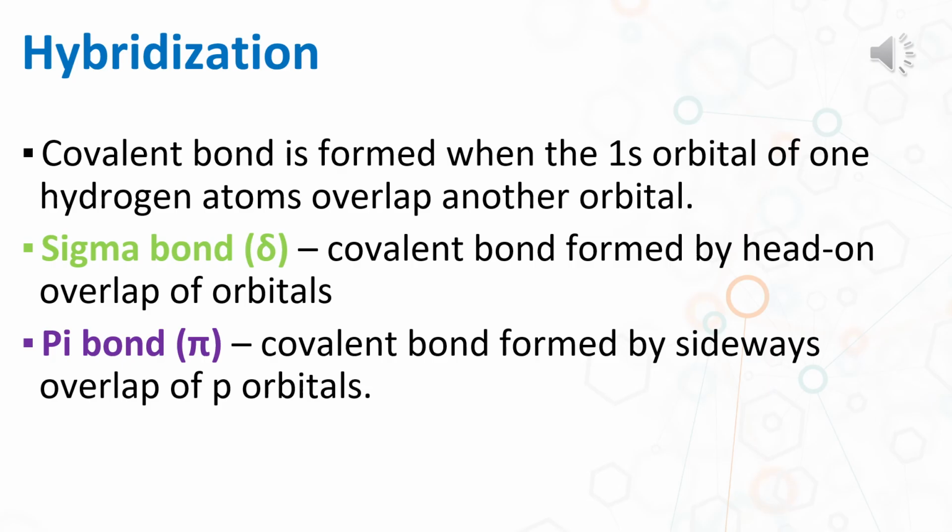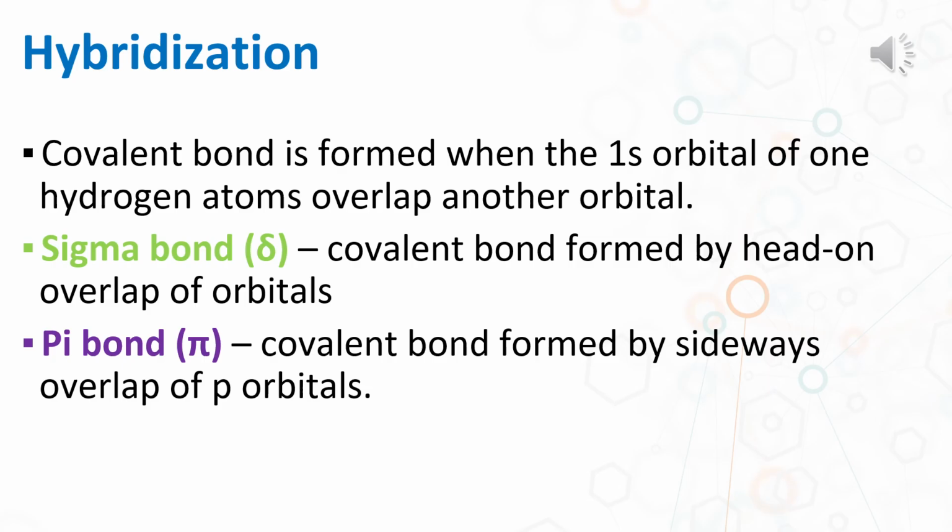Still under hybridization, we have the sigma bond and the pi bond. We defined a while ago that a covalent bond is formed when the 1s orbital of one hydrogen atom overlaps with another orbital. The sigma bond is formed by head-on overlap of orbitals, while the pi bond is formed by sideways overlap of p orbitals.